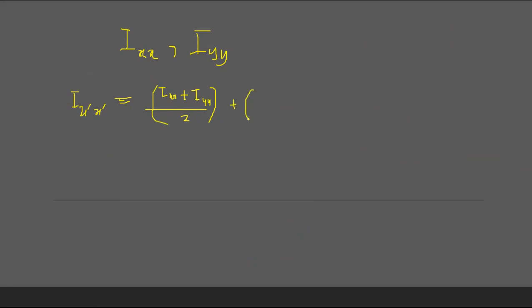plus Ixx minus Iyy divided by 2 into cos 2 theta, minus Ixy.